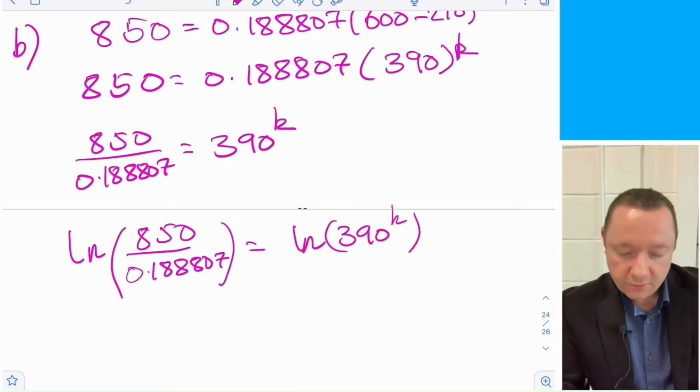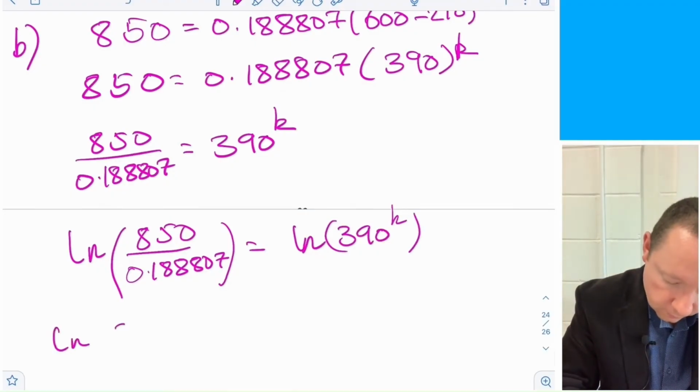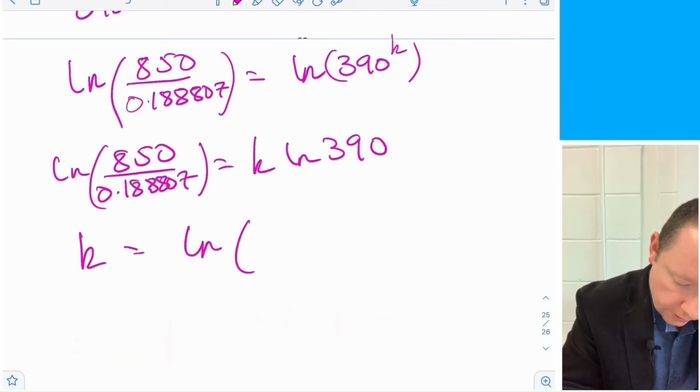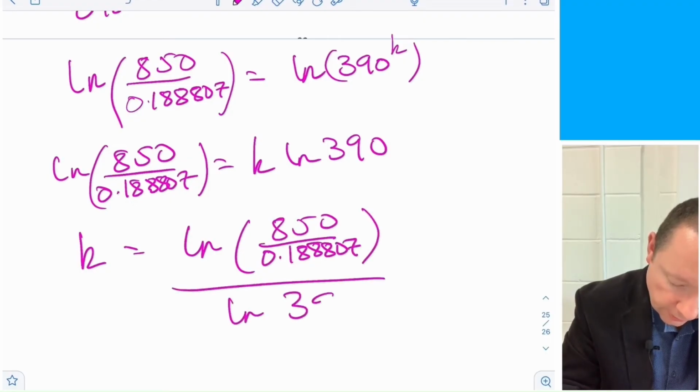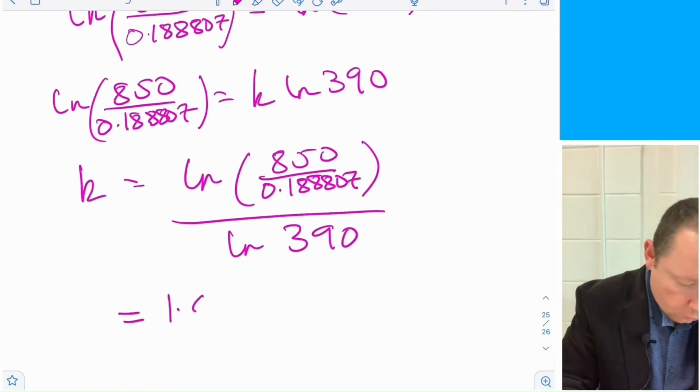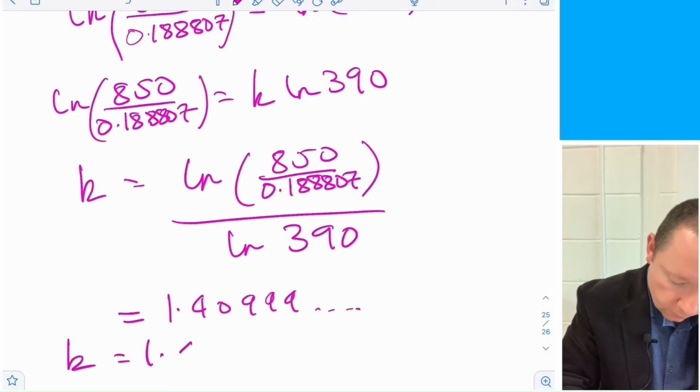Taking the K to the front then, K equals log of 850 over 0.188807 divided by the log of 390. So it's time to get a calculator to work these out. 1.40999, so K equals 1.41.